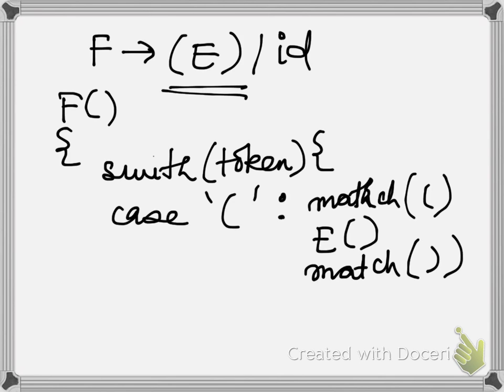The second option could be that I may not get a parenthesis, I may get an ID. If I get an ID, in that case I'm going to match the ID.